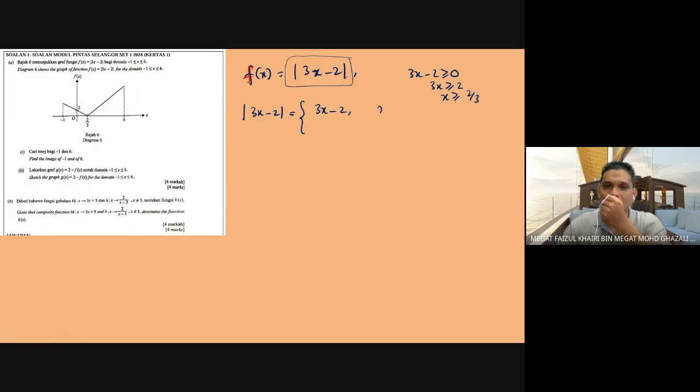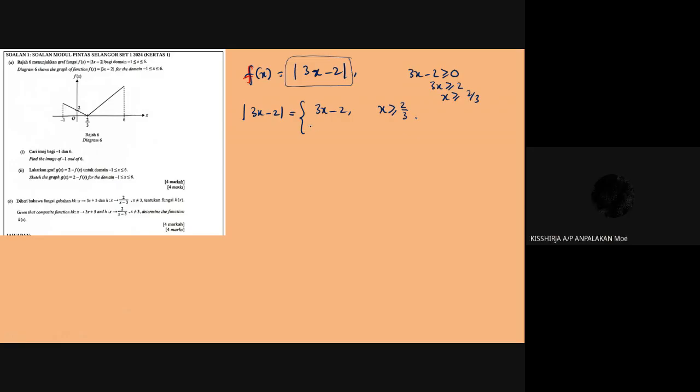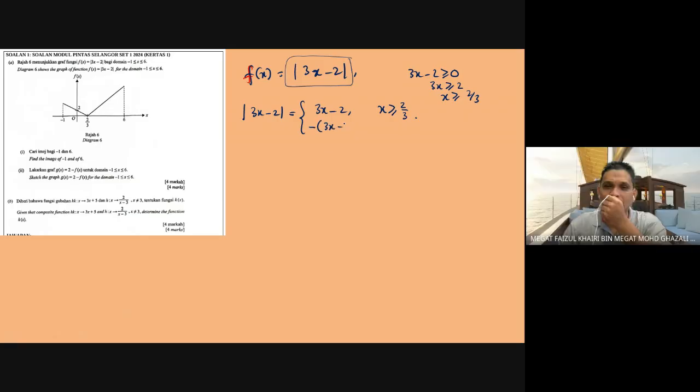So in this function, 3x minus 2 is for x greater than or equal to 2 over 3. And the opposite of this? Negative 3x minus 2, for the opposite, which is x less than 2 over 3.